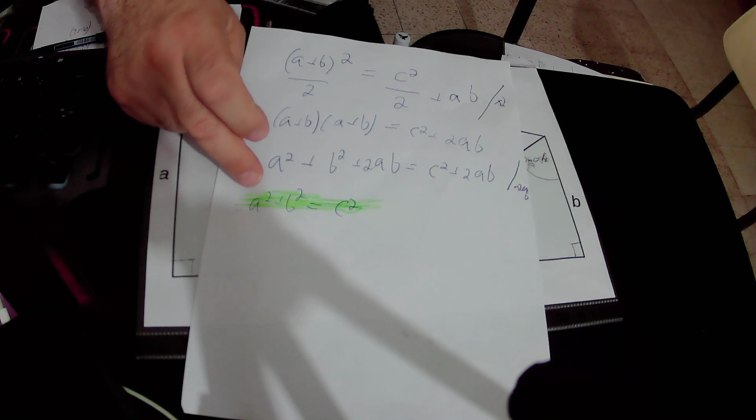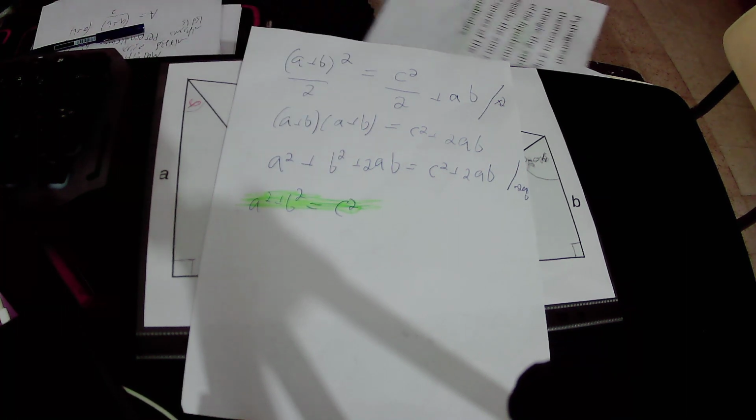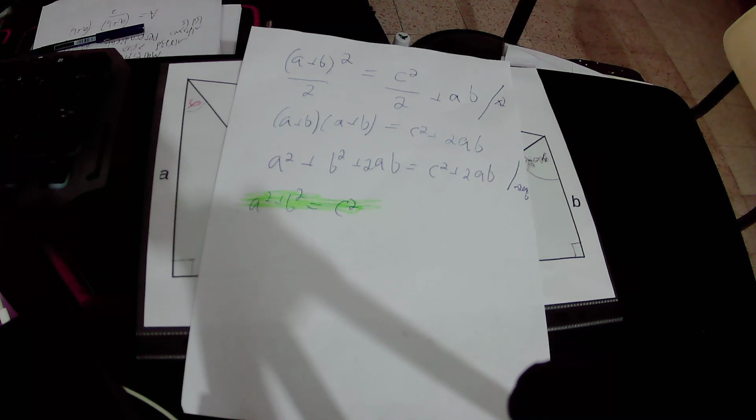That is A squared plus B squared equals C squared. Okay, so that was the proof of the Pythagorean theorem.